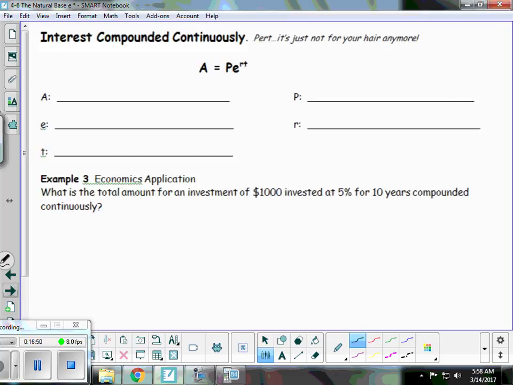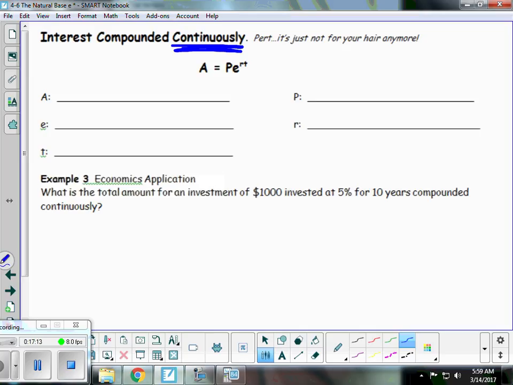All right, now for where the base e really shines, when we are using it in real world situations. So, interest compounded continuously. Whenever you see that word continuous, that's when we're going to use the base e.